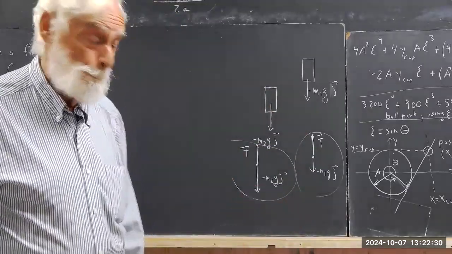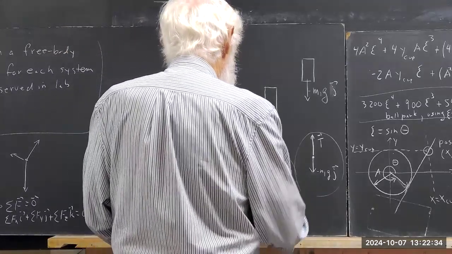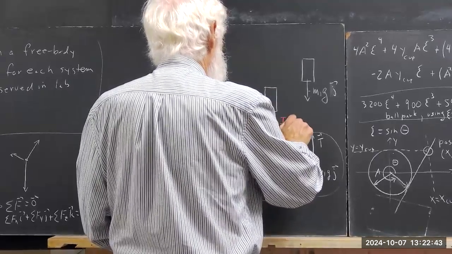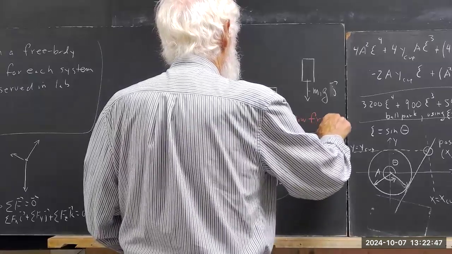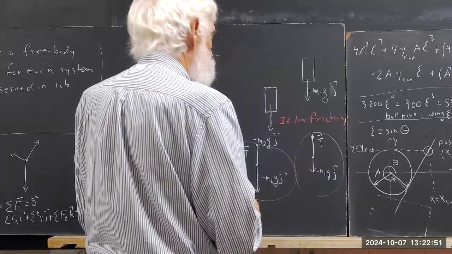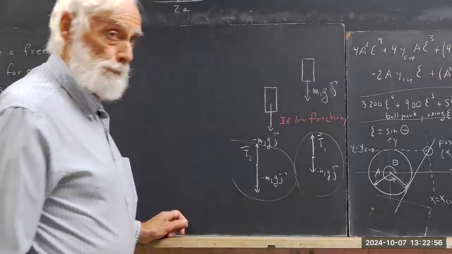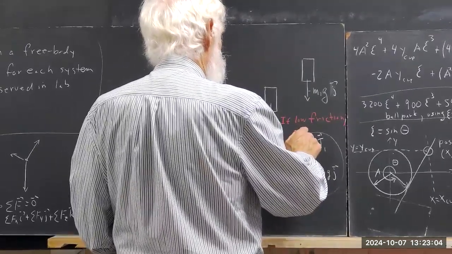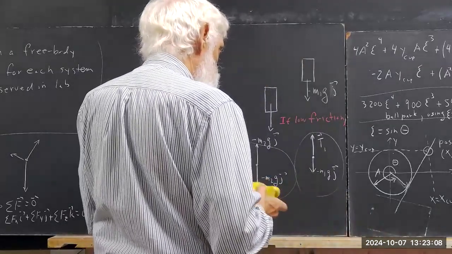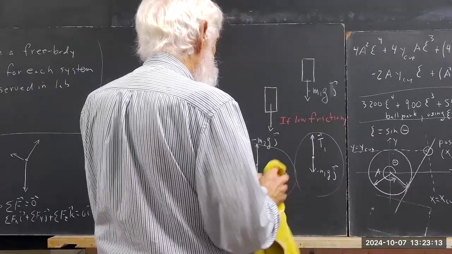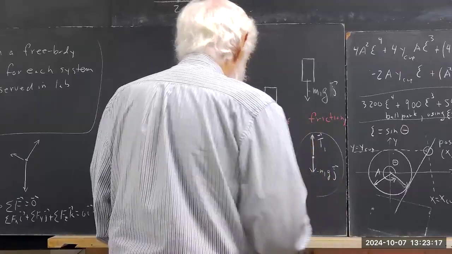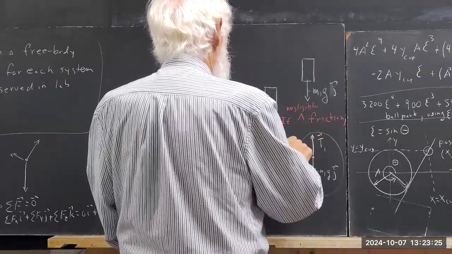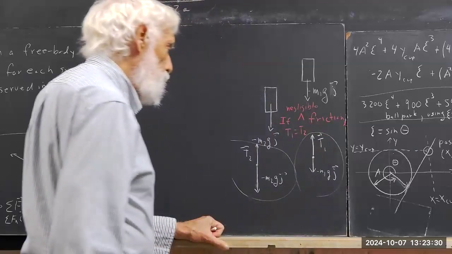The other thing is, we can really say we've got a tension T1 and a tension T2, except I just use one because if you have negligible friction, T1 equals T2.